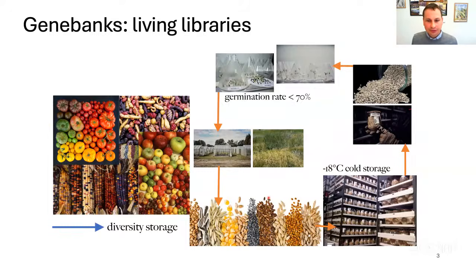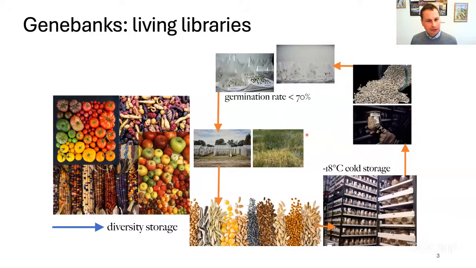Most seeds can be stored in cold temperatures, and then they last for a long time and maintain viability. Our gene bank team regularly performs germination tests, and if germination rates are too low, the seeds are regenerated. That means they are grown in the field and harvested. This is a way to maintain genetic material from a known origin in perpetuity.